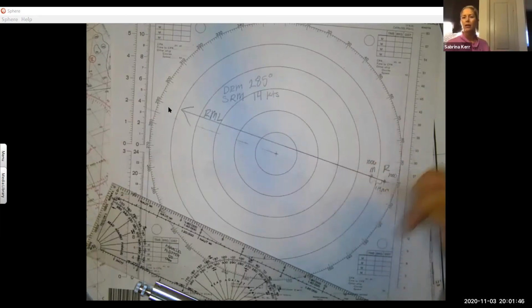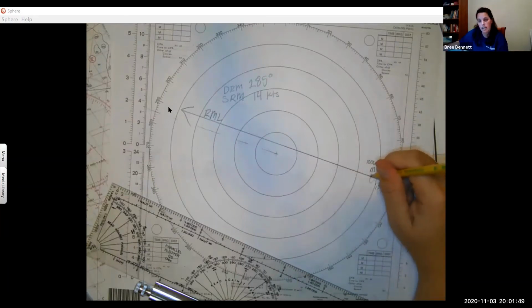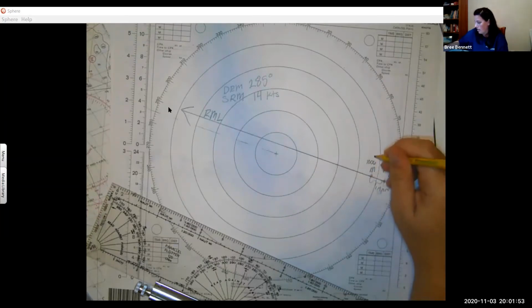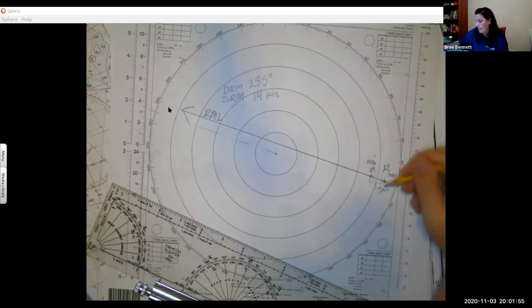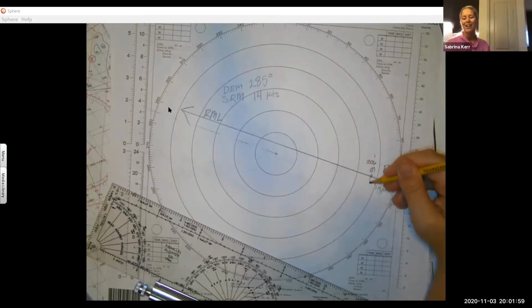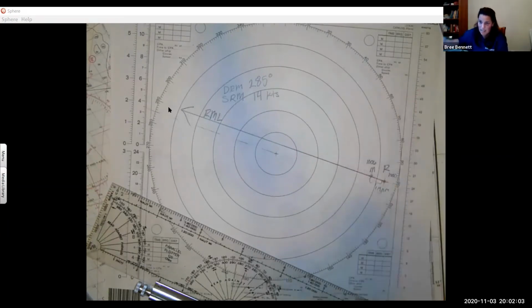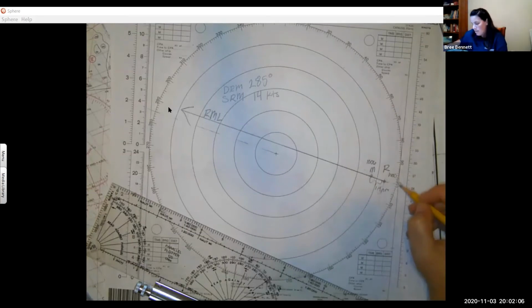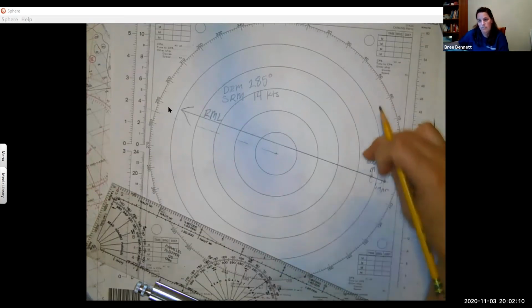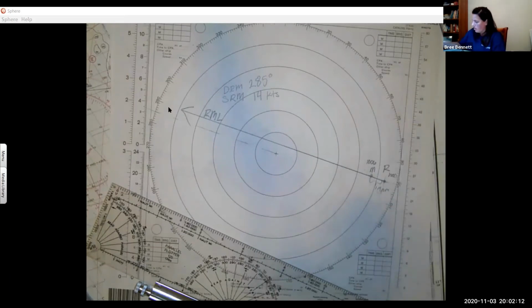Like if it was over here at 9.4, that's going to be a lot longer than if it was right there. It's very small when you're only talking about 1 degree of difference, but it just won't always be like that. So it's best to actually measure it. Okay.